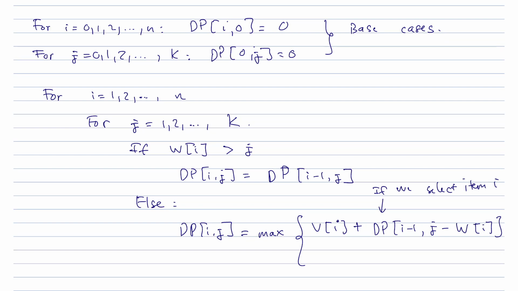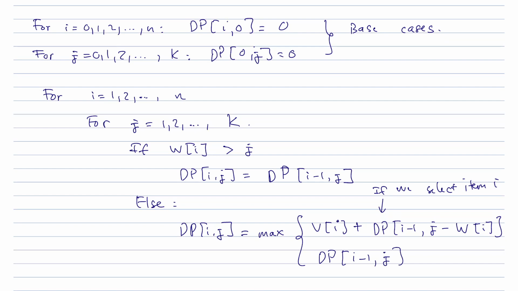We get, now we still have items 1 to i-1 to choose from, and we still have the entire budget j to use, right?